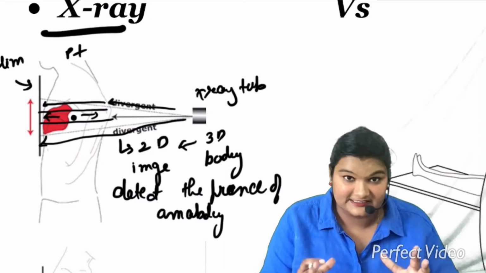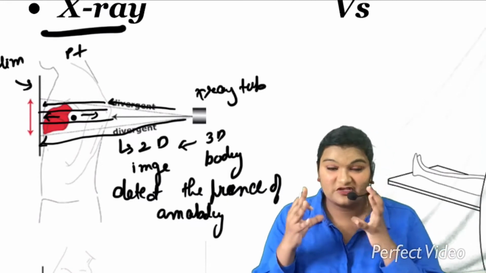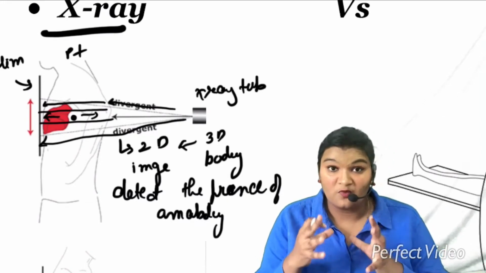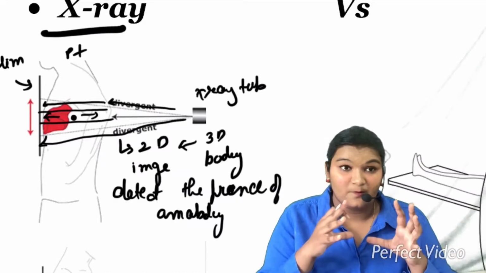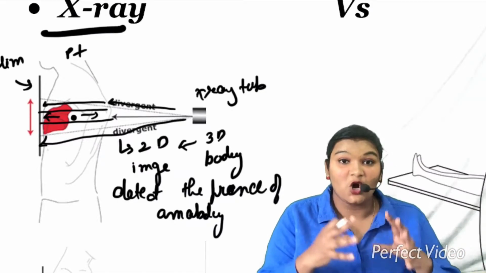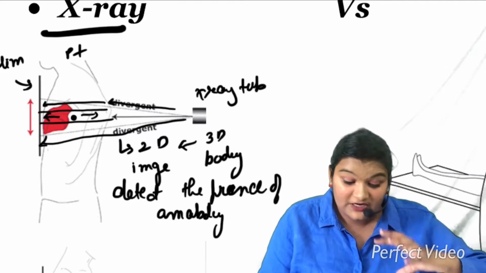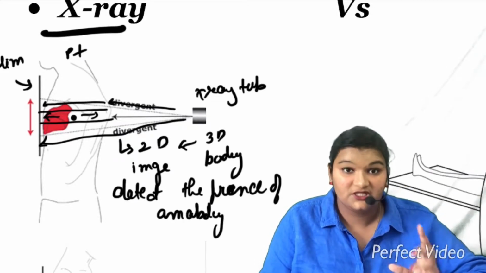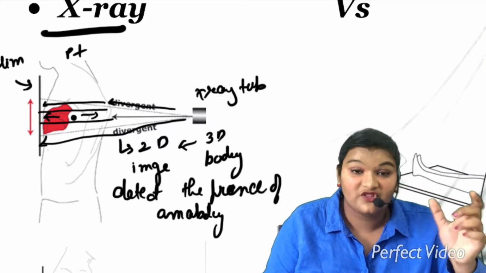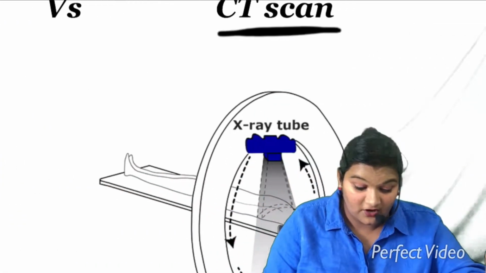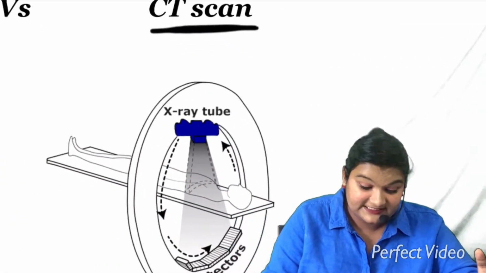It doesn't give a specific position, the organ, to what extent it is spread or which organs it is involving. So to get this specific position and the 3D image of a 3D body, we got a technique, we call it the CT scan.